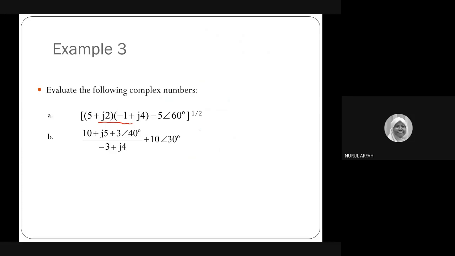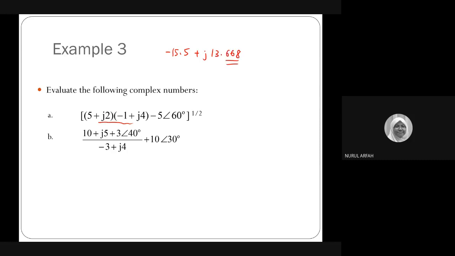Okay, so for the square root here, what do you get for the inside bracket before the square root? Let me check. Do I have the answer or not? What do you get? Do you get negative 15.5 plus j13.668?